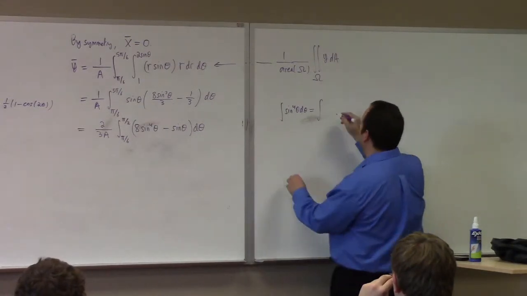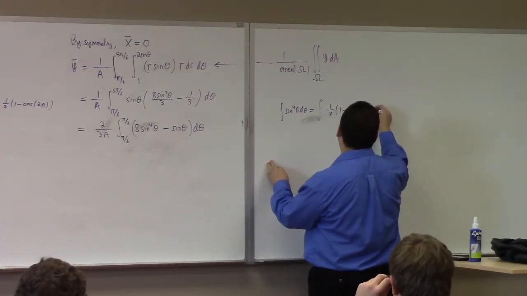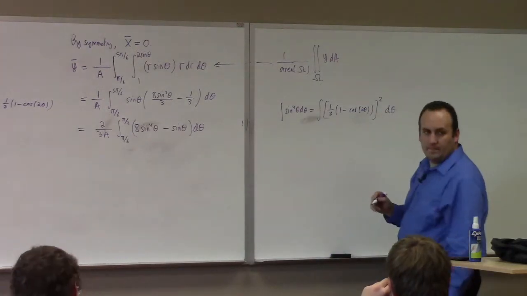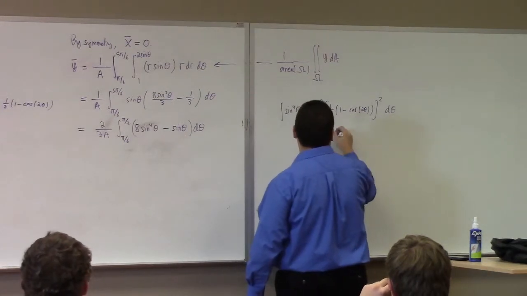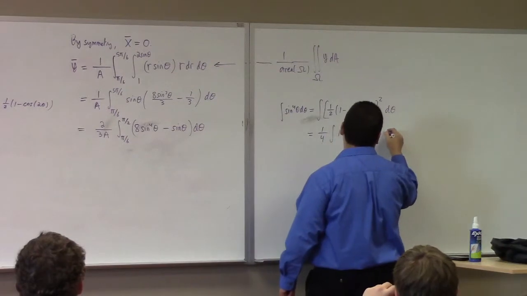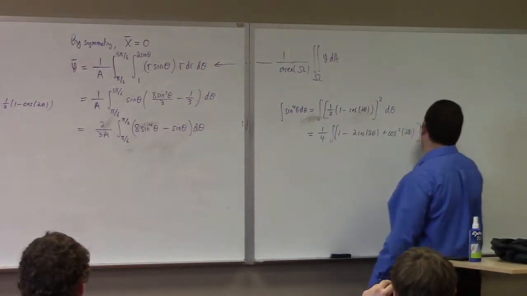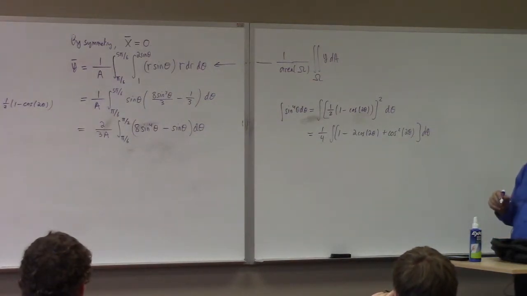This is 1/2 of 1 minus cosine 2 theta, quantity squared. So that gives me 1/4 integral of 1 minus 2 cosine 2 theta plus cosine squared 2 theta. See where I'm going?